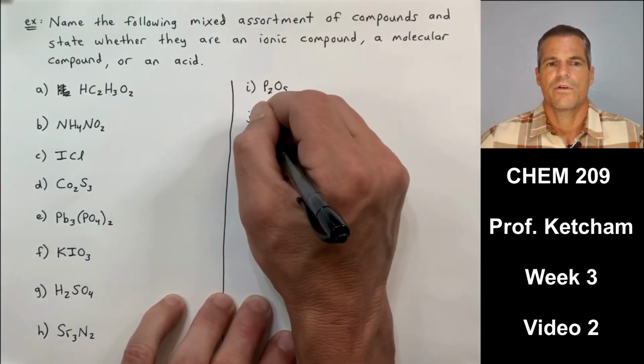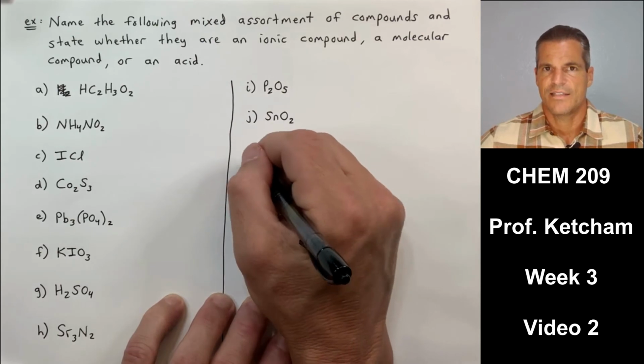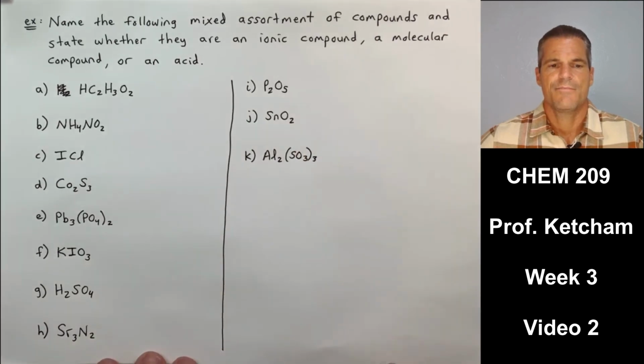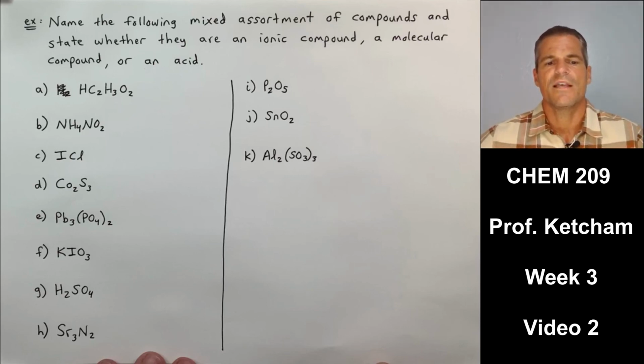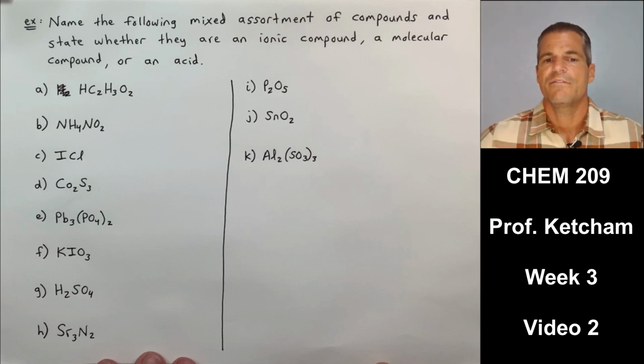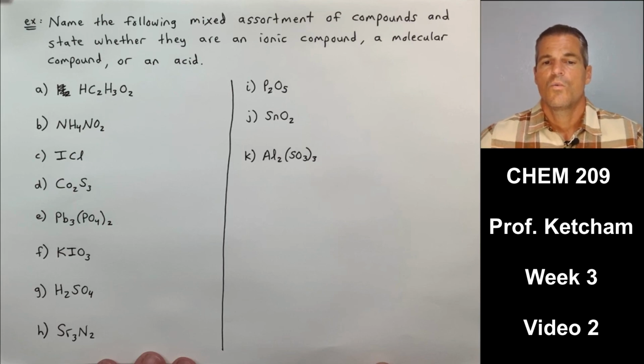B, NH4NO2, C, ICl, D, CO2S3, E, Pb3(PO4)2, F is KIO3, G starts with an H, H2SO4, H is Sr3N2, I, P2O5, J, SnO2, K, Al2SO3.